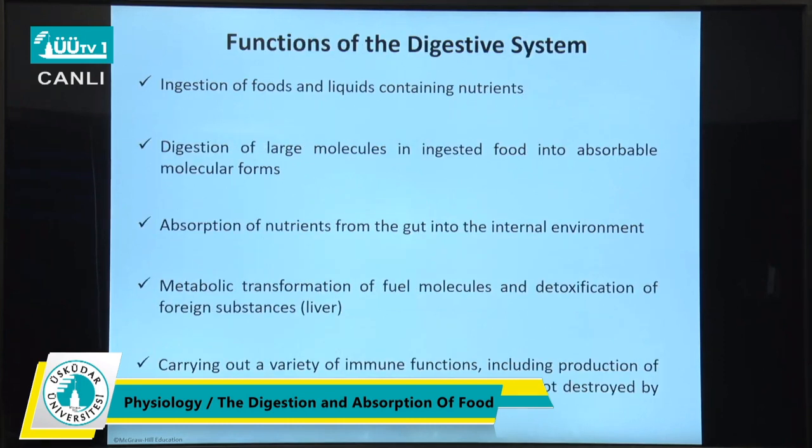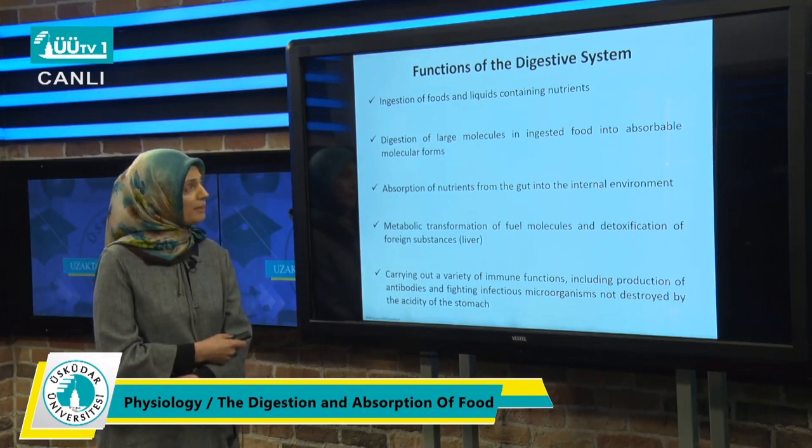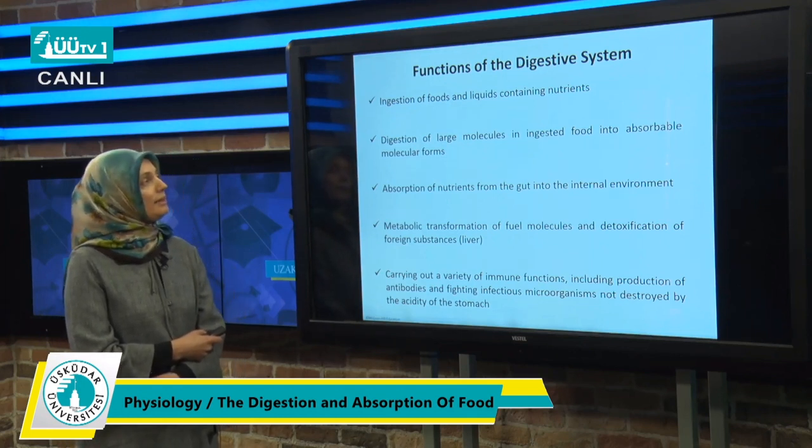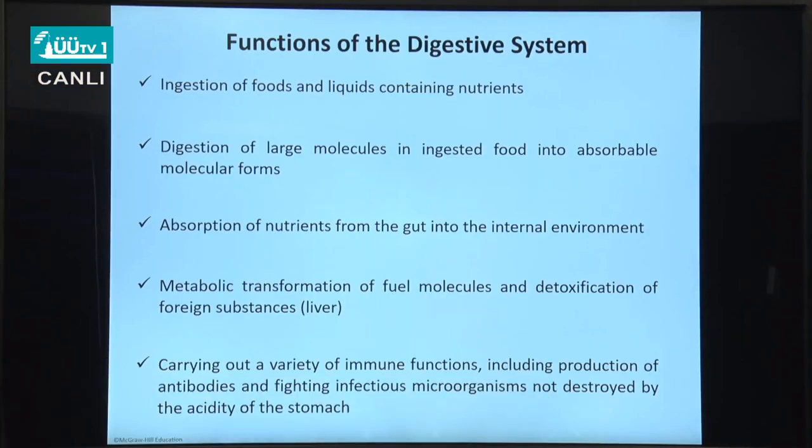Okay, so what are the functions of the digestive system? Basically, the function is ingestion of foods and also digestion of large molecules into their absorbable molecular forms. And also absorption of nutrients from the gut into the internal environment, metabolic transformation of fuel molecules, and detoxification of foreign substances.